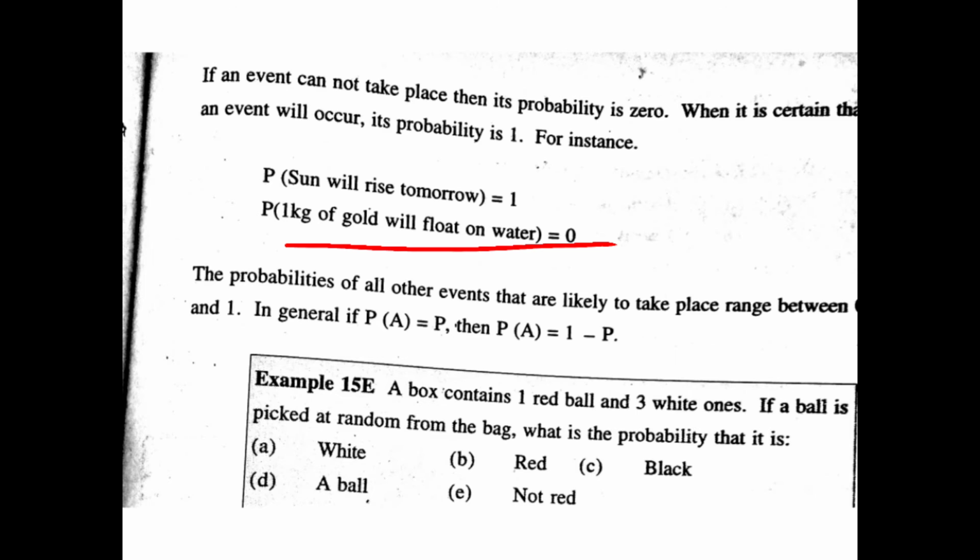Okay, so let's go through the question. We gather the information. We have been given a box, and in this box we have 1 red ball, and then we also have 3 white balls.